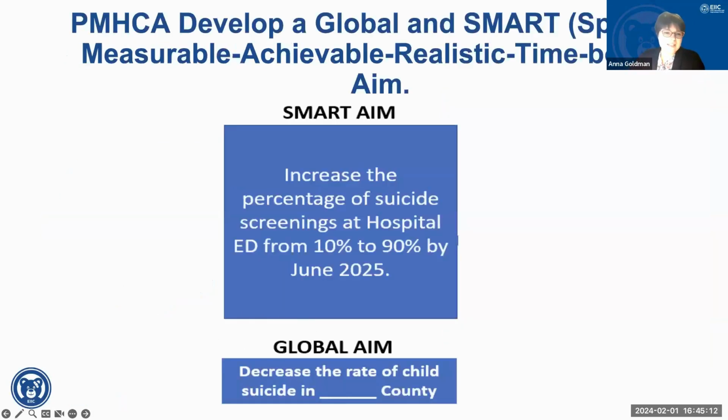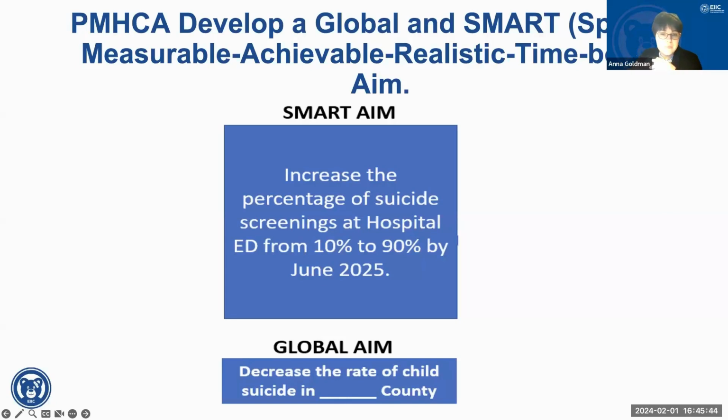Okay. So this is an example of how one PMHCA team, and we took out some of the identifying information, had an idea on how they would go about creating a SMART, specific, measurable, achievable, realistic, and time-bound aim. And this illustrates actually two things.